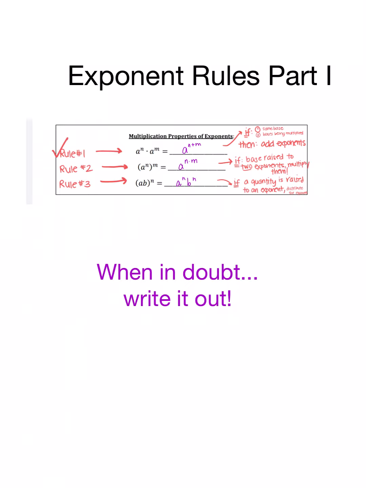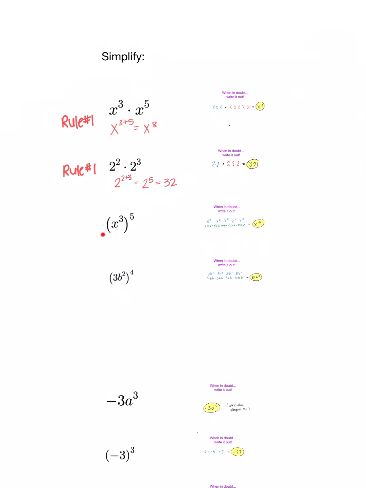Rule number 1, done. Rule number 2, if you have a base raised to an exponent, raised to another exponent, you can multiply those exponents together. Again, if a base is raised to 2 exponents, you can multiply those exponents. For this example right here, we see a base being raised to a power to another power.